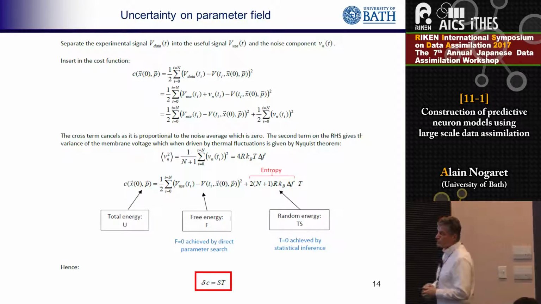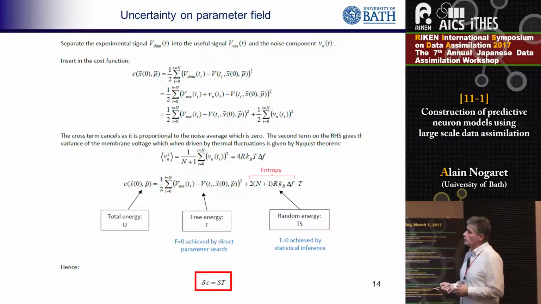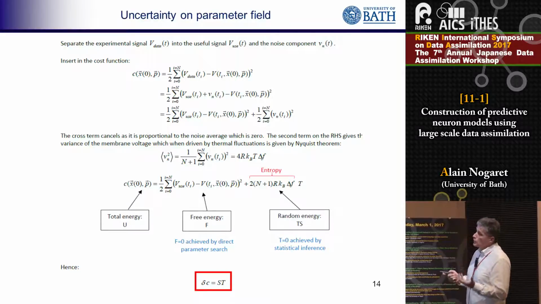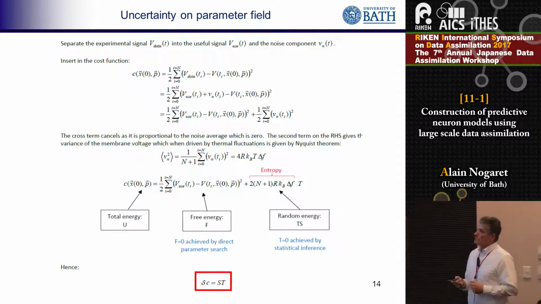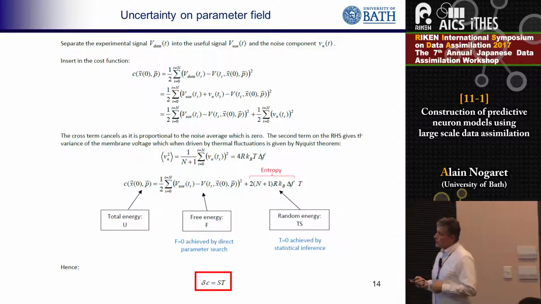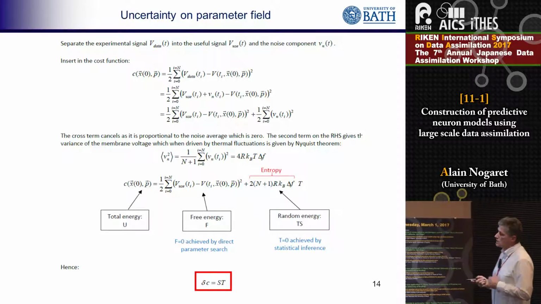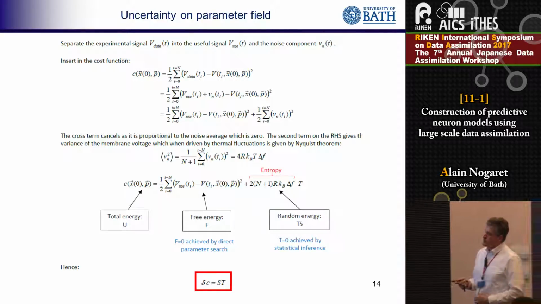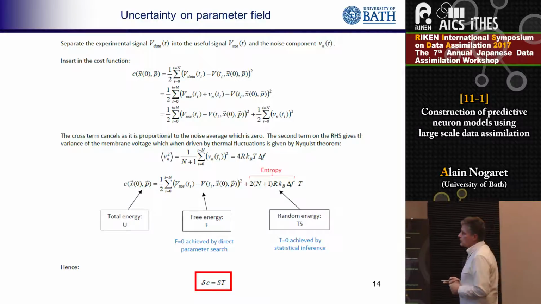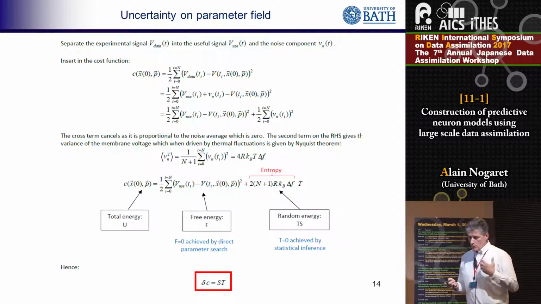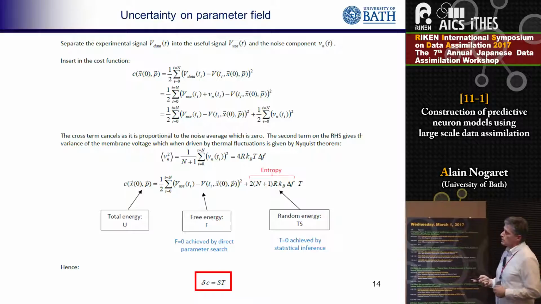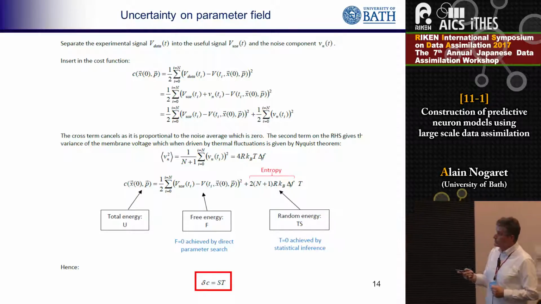And there is stochastic variability in the neural output. So this induces uncertainty in the parameter field. We pack all this uncertainty into a noise component, and try to assess the effect of this noise component on the difficulty of reaching the minimum, the parameter state.